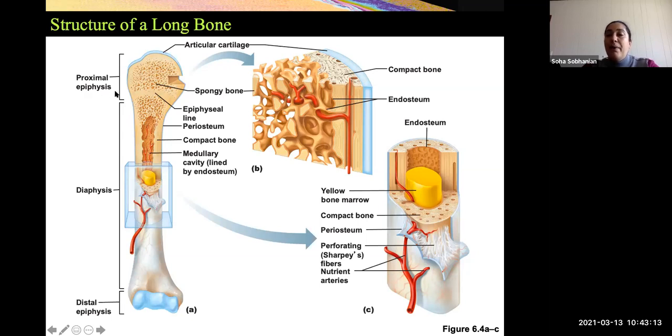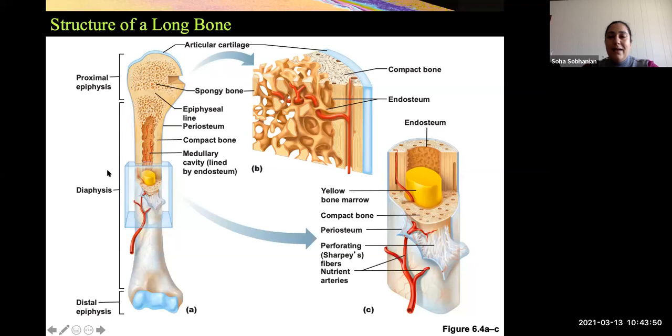If we're talking about both of them, the plural version is epiphyses, as I replace the I with an E. You don't need to label the proximal and distal because you haven't learned the orientation of the bones, and it's not something that I'm concerned about. The shaft of the bone, which is the long extension at the center, is referred to as the diaphysis. So epiphyses on either end, diaphysis at the center.